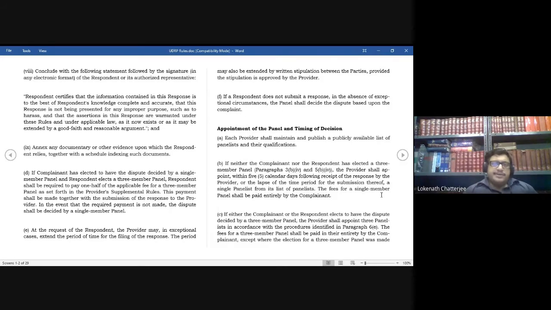This signature in electronic format is something which we'll cover today under the Information Technology Act. In your module the Information Technology Act is mentioned, so I'll have to cover it and then we'll see what this means.